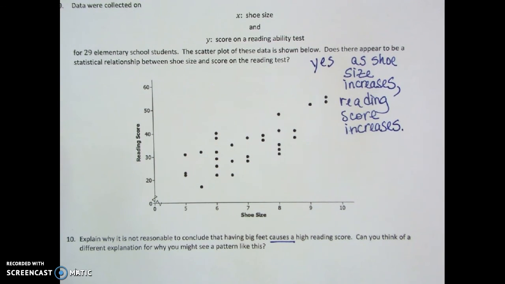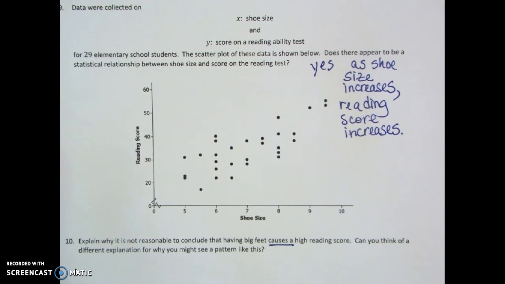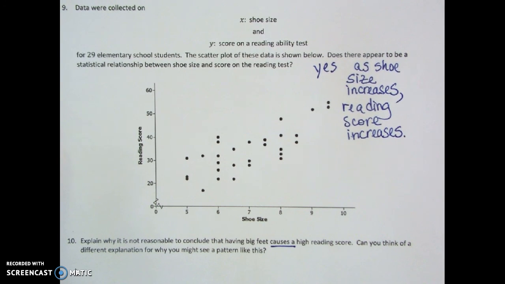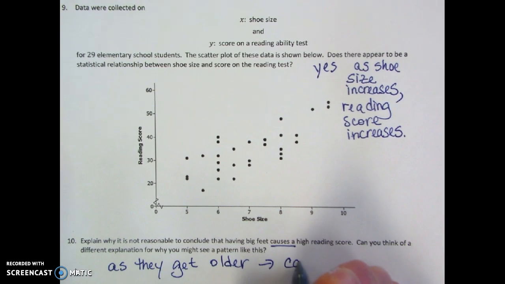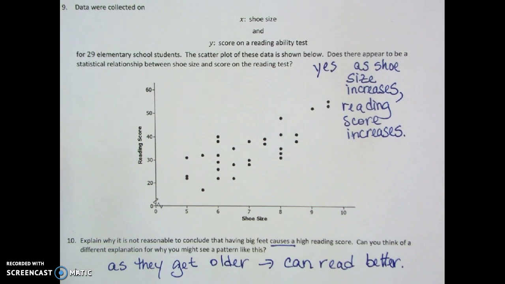So the probable explanation is because they are practicing more and learning more as they go through the elementary years. So can you think of a different explanation? Probably as they get older, they can read better. They have better reading skills.